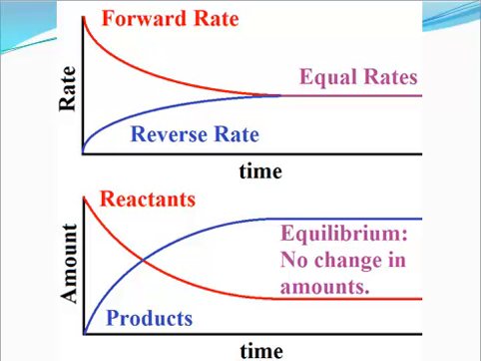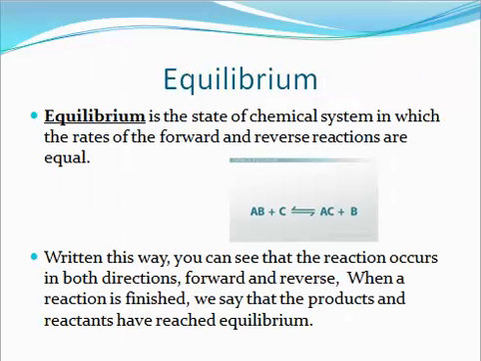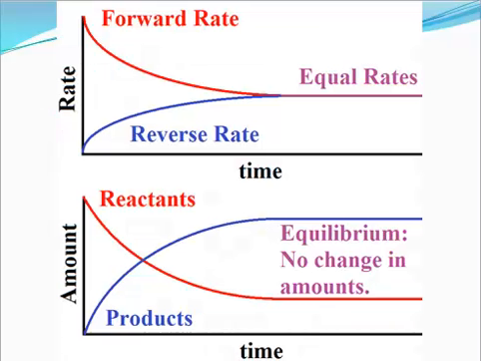You can see the red line is showing us the forward rate of reaction. That would be this part here, AB plus C. That's the forward rate of reaction. You can see that at this point they have equal rates. So whether it is the forward rate of reaction or the reverse rate of reaction, they both reach equal rates.